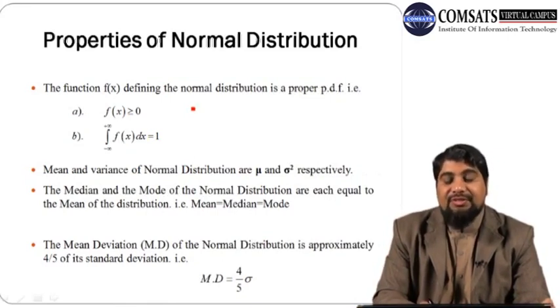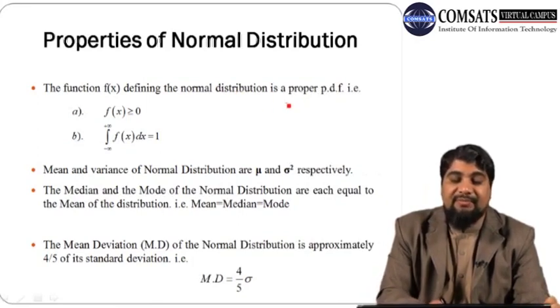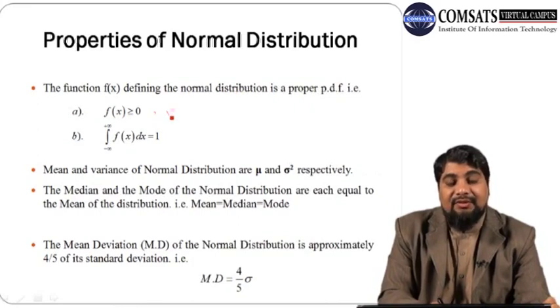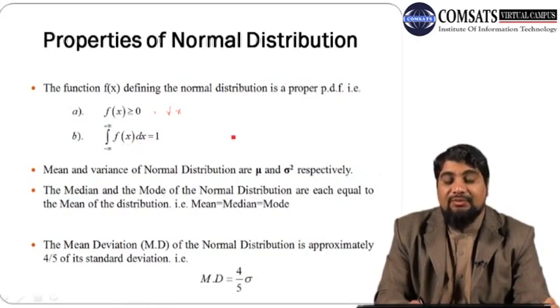So the normal distribution is a proper PDF. It means f of x is greater than or equal to 0 for all x, and the total area under this normal curve is equal to 1. Here is the bell-shaped curve, and this full area is equal to 1.